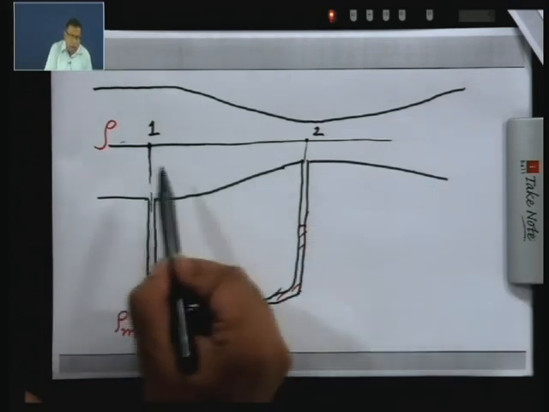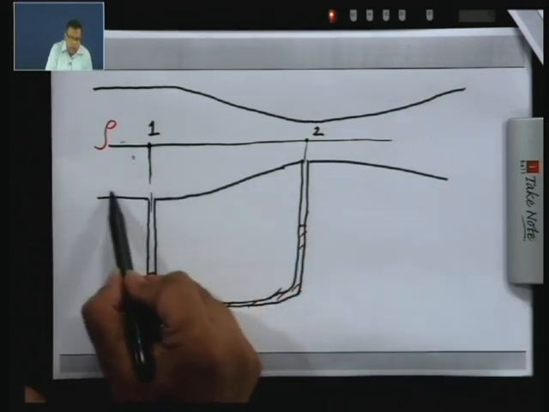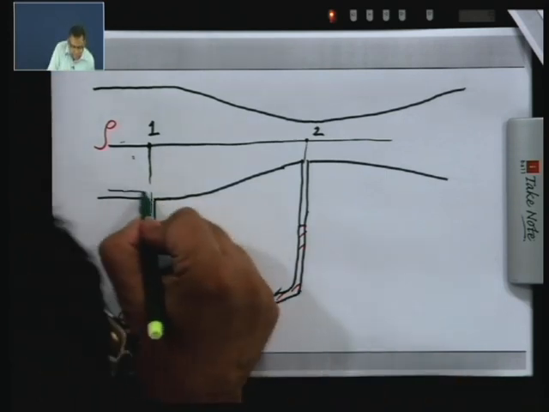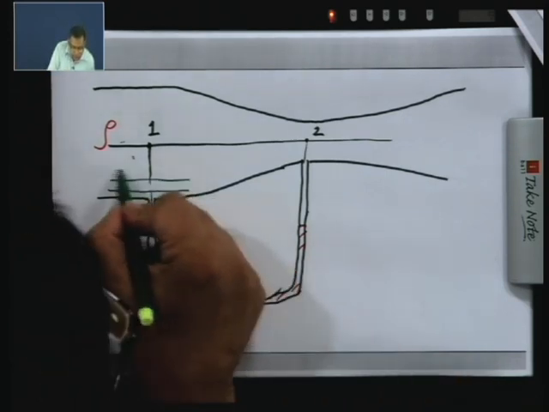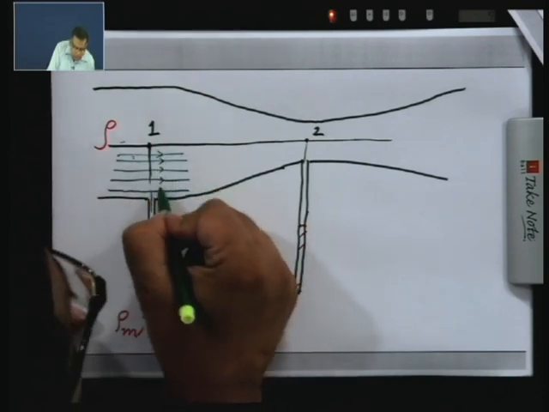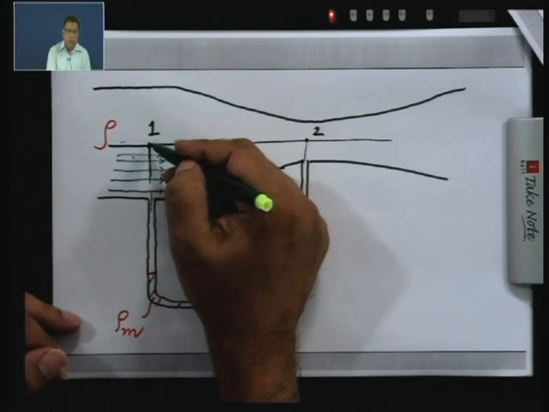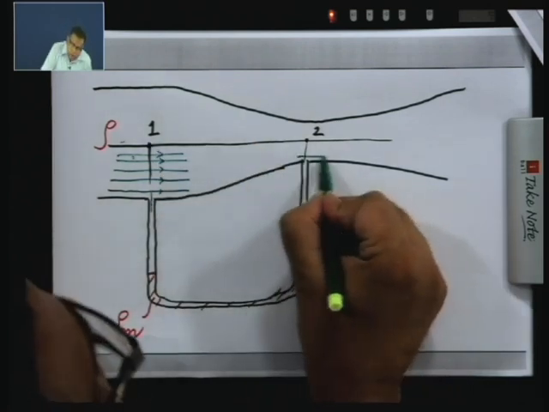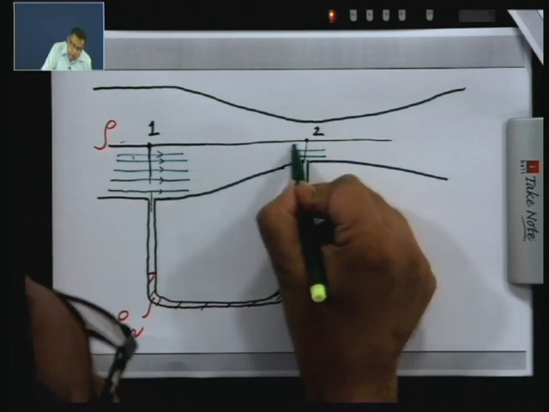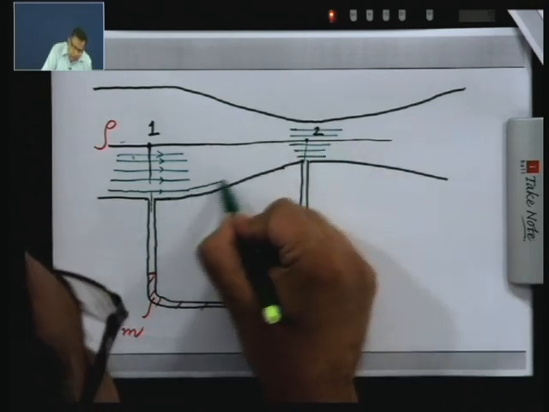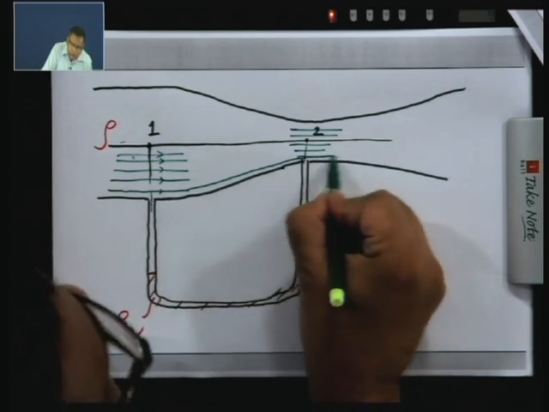Now, if you look at the streamlines at section 1, they are straight lines. So, you can apply the hydrostatic formula in the vertical direction, and similarly here also the streamlines are going to be parallel, but in between we have a curvature of the streamlines.